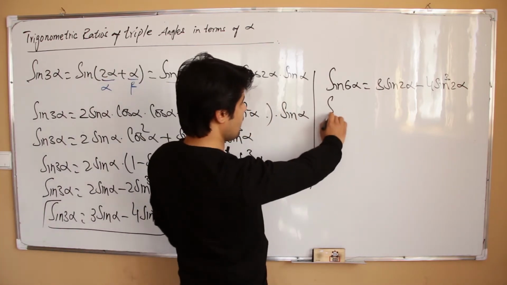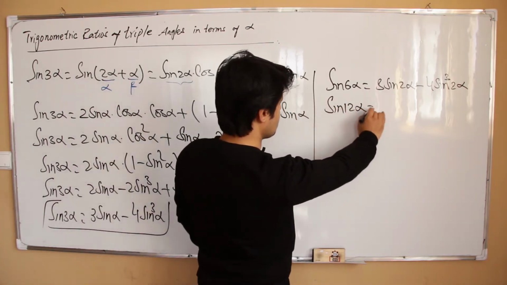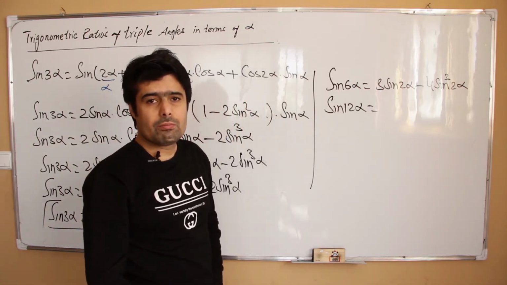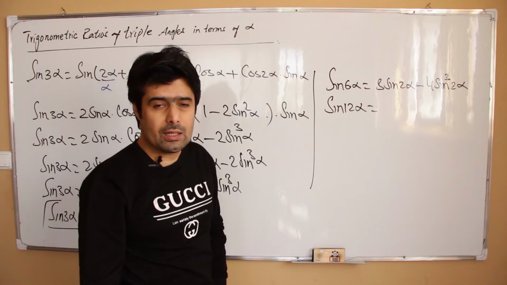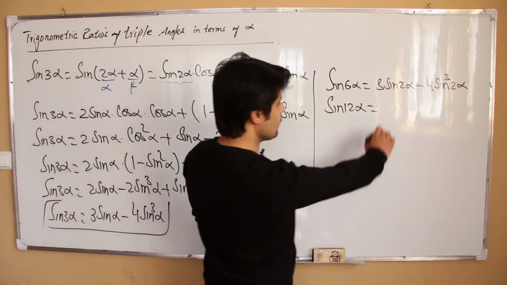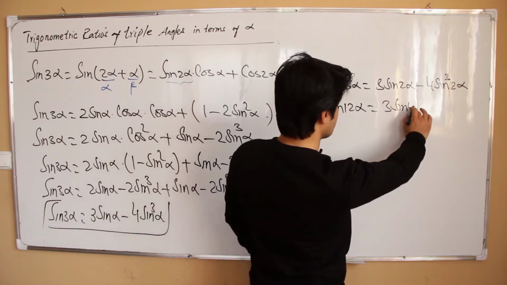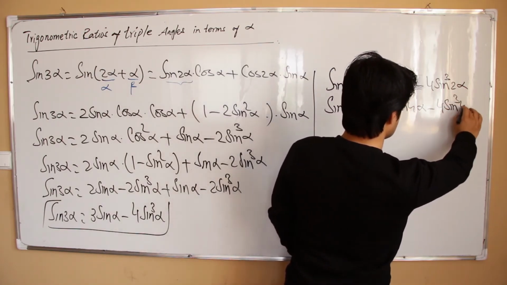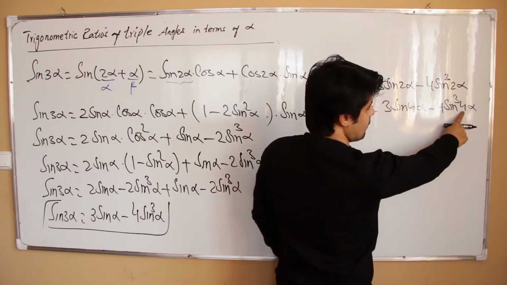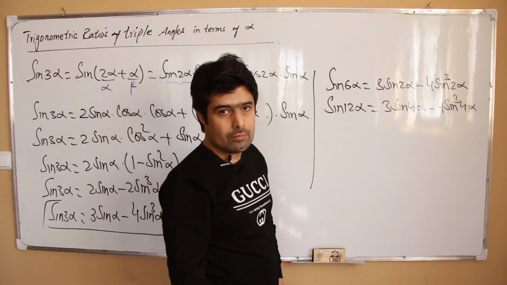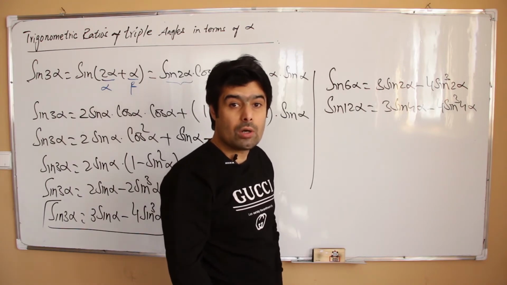So if I have sine of 12 alpha, now 12 alpha is the triple form of which angle? I think 4. So we can use 3 sine of 4 alpha minus 4 sine cube of 4 alpha. Why? Because the 4 alpha triple form is 12 alpha. Am I right or not?